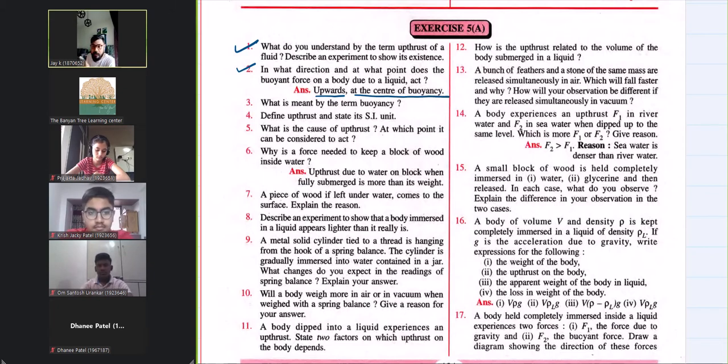I have explained this concept in the video, center of gravity and center of buoyancy. Can anyone tell me which force acts at the center of gravity? Sir, can you repeat? Which force acts at the center of gravity and in which direction?